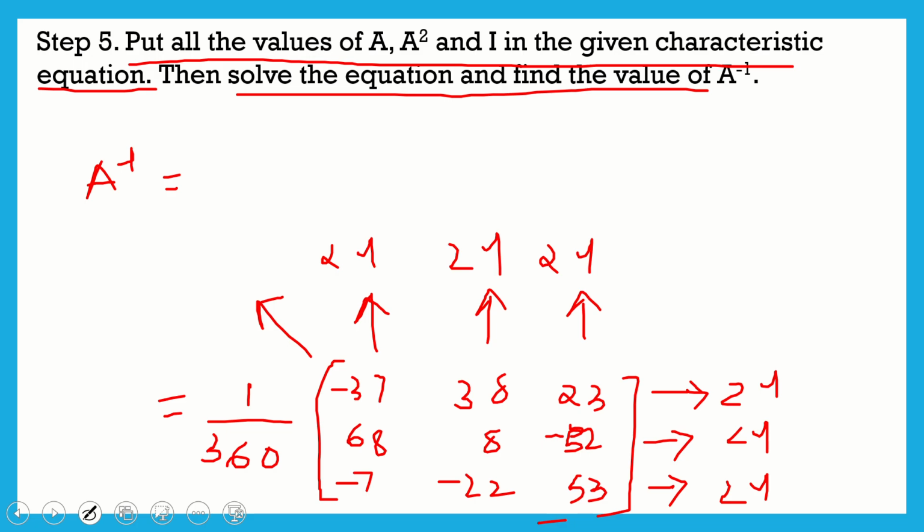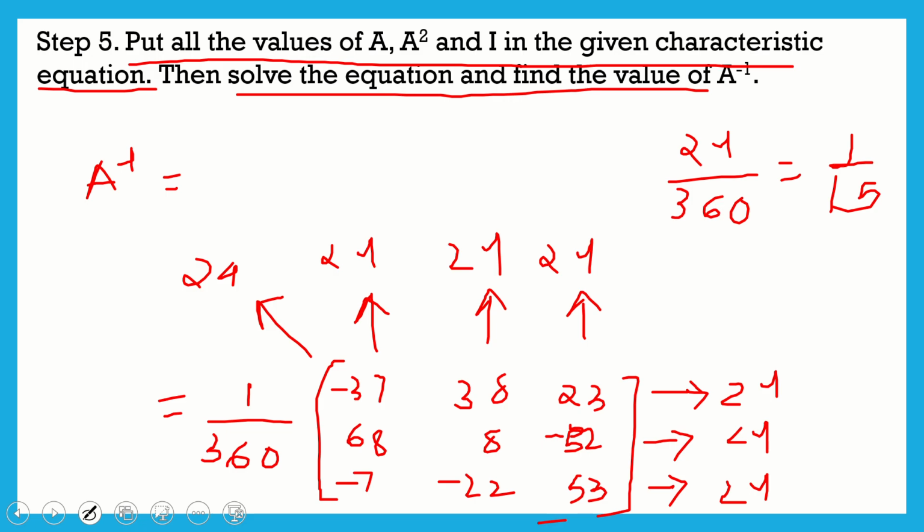And also add the diagonal, sorry, 53 and 8 is 61. 61 minus 37, you will get 24. But actually the answer is 24 by 360, which is 1 upon 15.